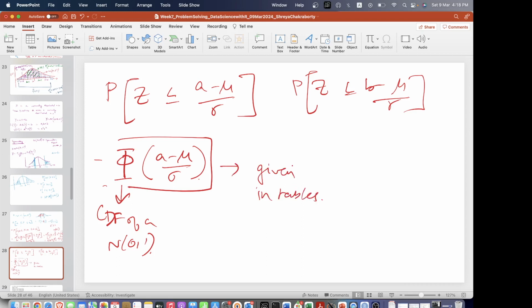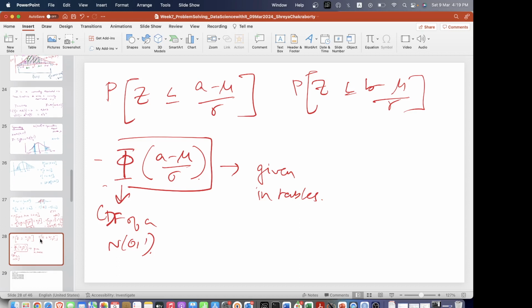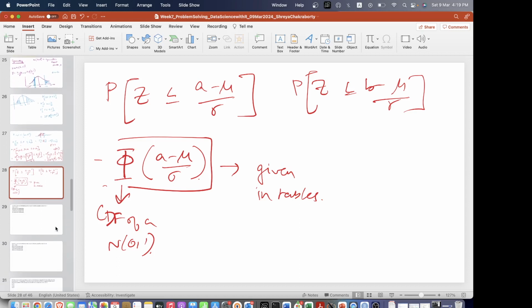Okay. So whenever you see something like phi, you just immediately have to think that this means it is probability z less than a minus mu by sigma. Okay. So as we solve more and more problems, these would be clearer.